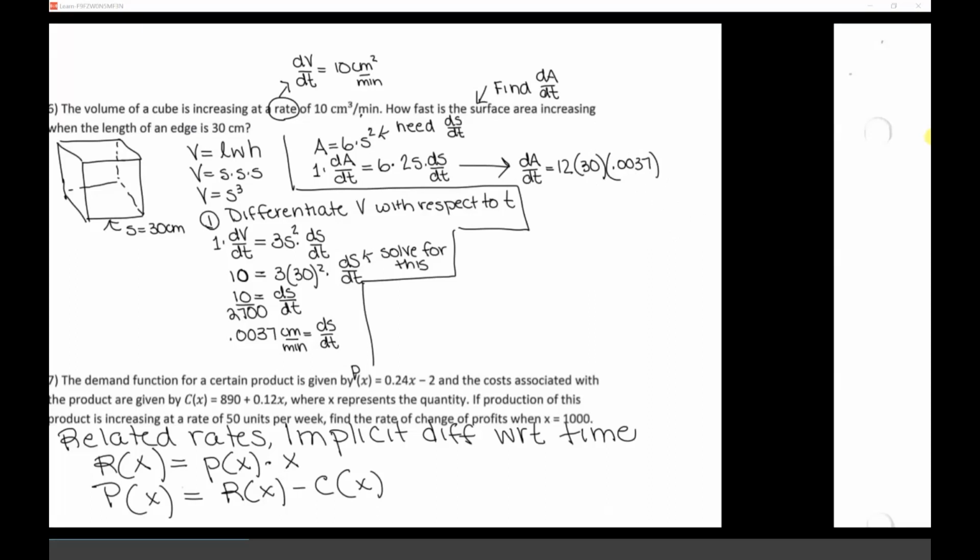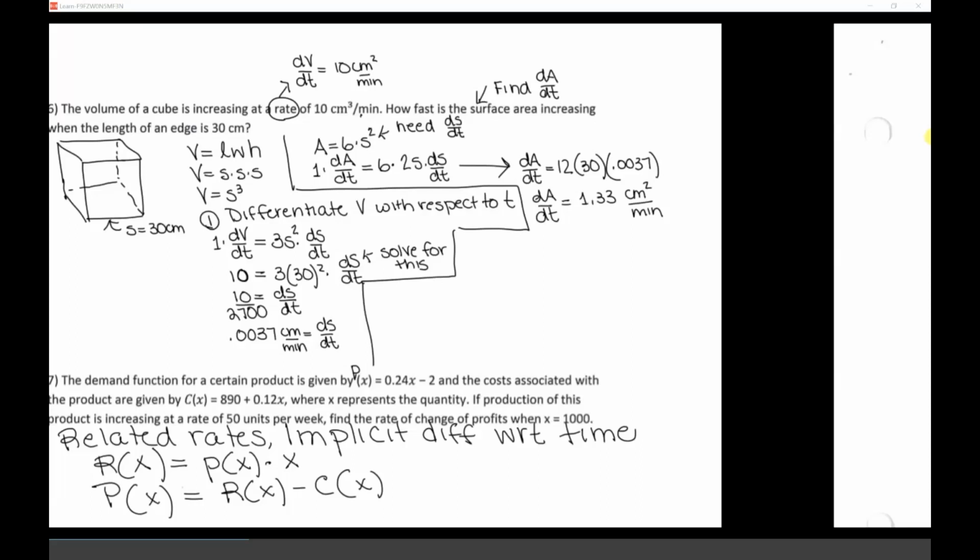All right, so this is just a problem on the calculator. You just multiply all this together. And when I did that, I got dA dt equals 1.33 square centimeters per minute. So the surface area of the cube is increasing at like 1 1/3 square centimeters every minute.